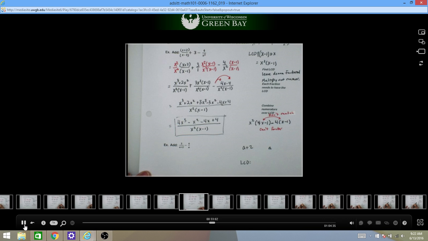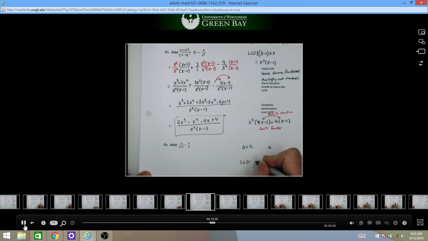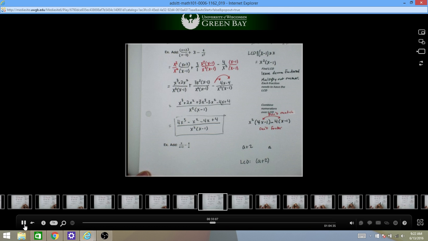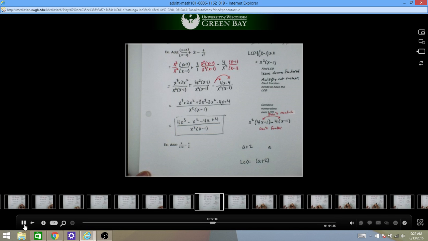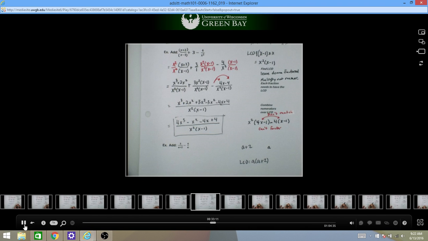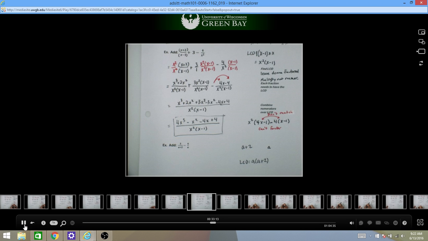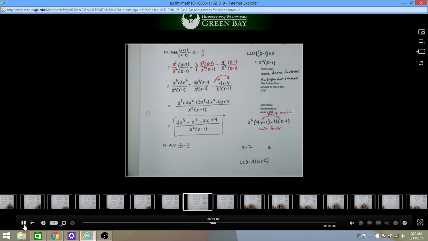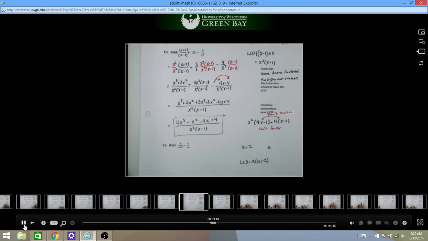Almost. Good. Okay, so a times a plus 2, because the sum a plus 2 is a separate factor. It's distinct from the a. Can you go ahead and build up your fractions and then add them together, please? Or actually subtract in this case?